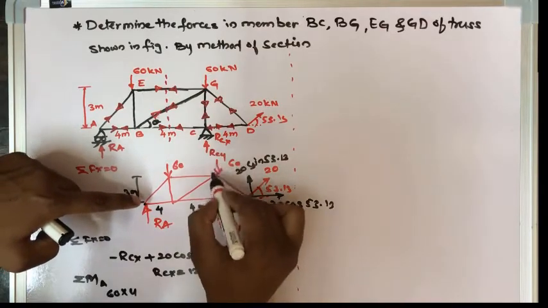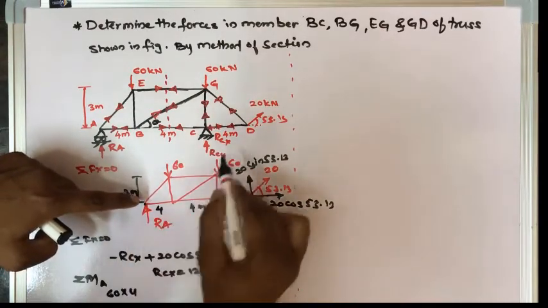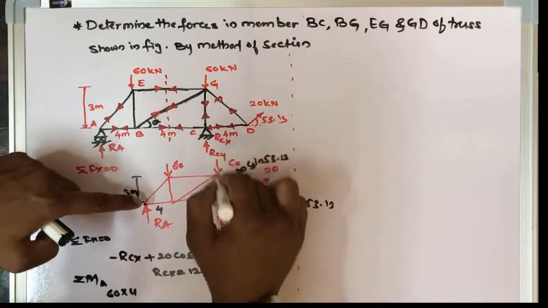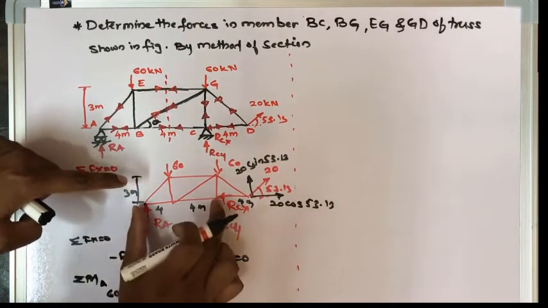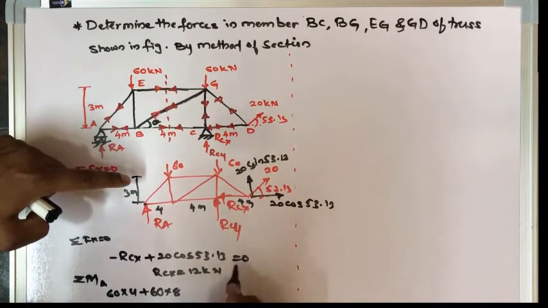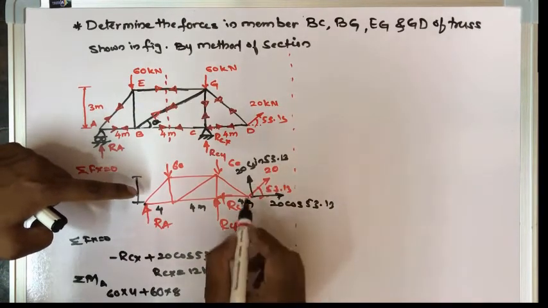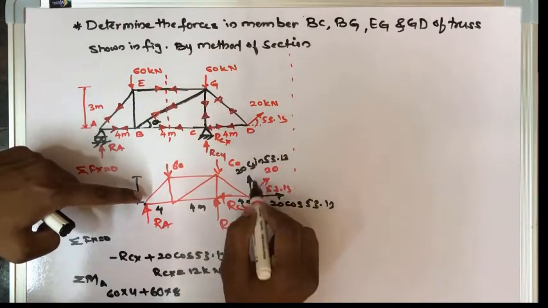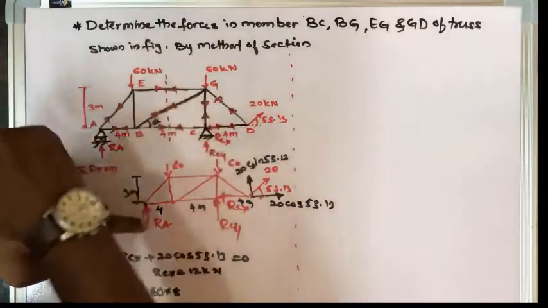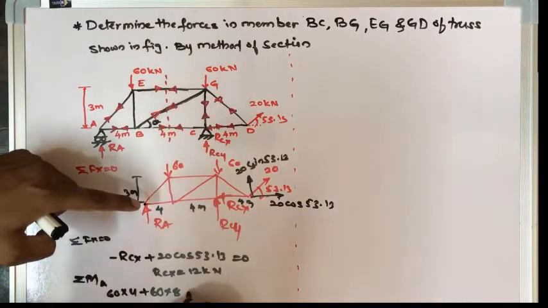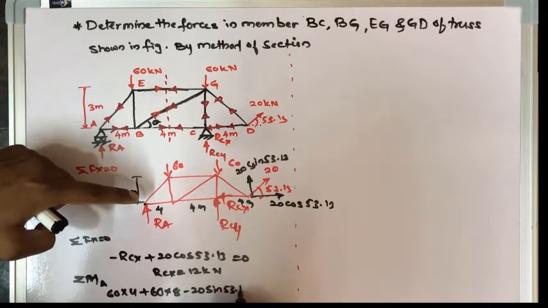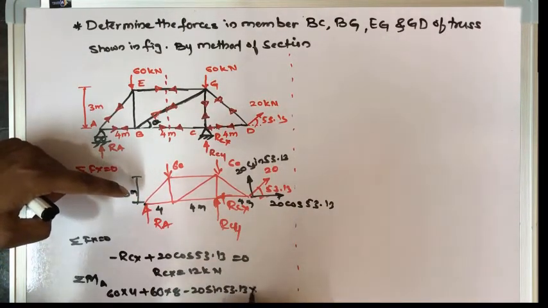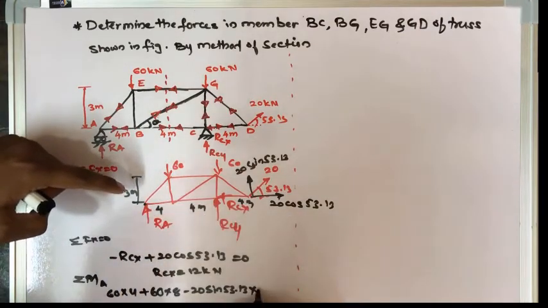Then again there is one more force acting downward, so it will be clockwise, so plus 60 into perpendicular distance, which will be 8. Then this force, 20 sine 53.13, is acting upward, so it will create an anticlockwise moment, so minus 20 sine 53.13 into the distance, 4 plus 4 plus 4, so that will be 12 meter.